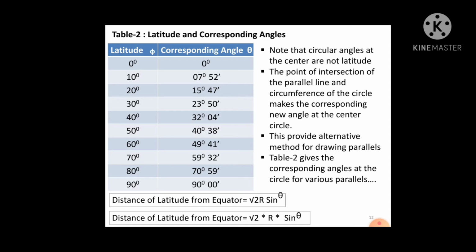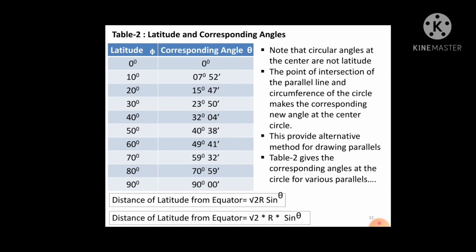You take the sine of that theta, that means 7 degree 52 minutes, and multiply with R and the square root of 2. Definitely you will get the answer, and that answer will be exactly equal to the previous method, and it is nothing but the distance of that particular latitude from the equator.